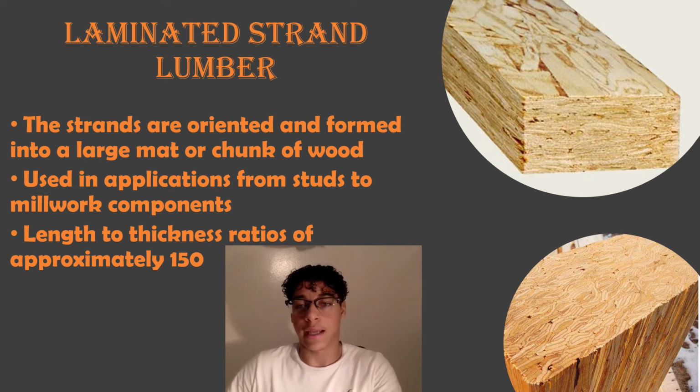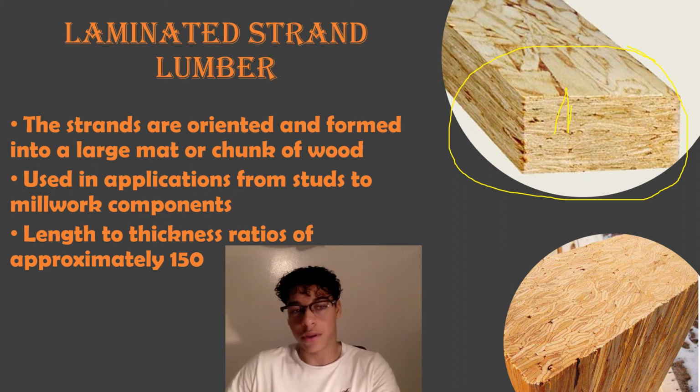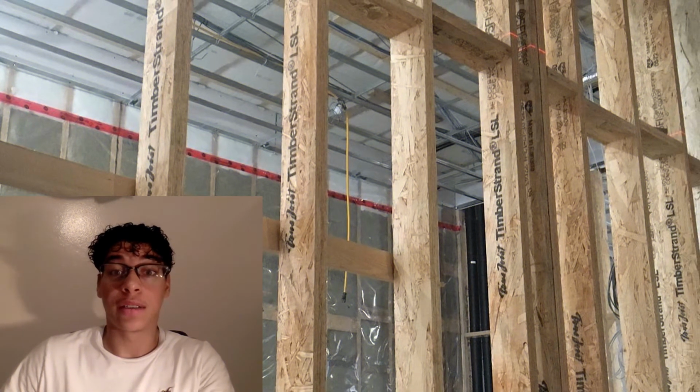And here on the side, this is the example of what the laminated strand lumber looks like. And everything is like pressed. You can see everything like being pressed here. Yeah, let's show you the examples of studs and millworks. Here we see studs.